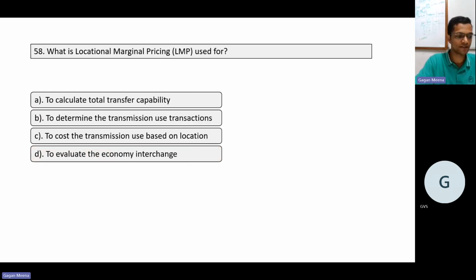What is locational marginal pricing? This is also a very important concept. It determines the cost of transmission use based upon location.